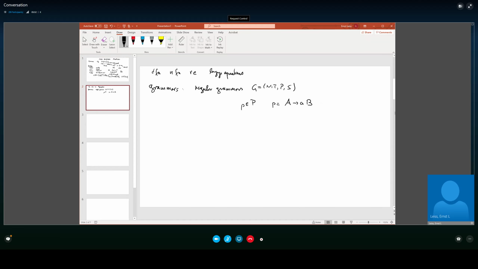So this is one possibility, or P is equal to A goes to little a. So clearly, in context-free grammars, A goes to alpha is how a production will look. Now we're going to restrict that alpha to be either a single terminal followed by a single variable, or a single terminal.